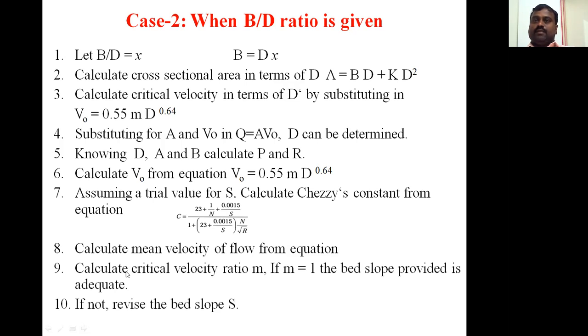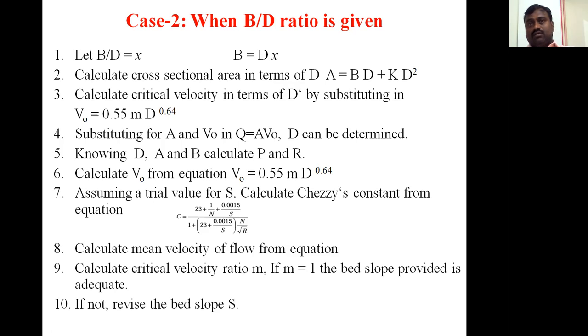And in next step, the critical velocity ratio is calculated, that is the value of m, which is equal to the ratio between mean velocity divided by critical velocity. So if the value of m results equal to 1, then the assumed bed slope value of s is correct.